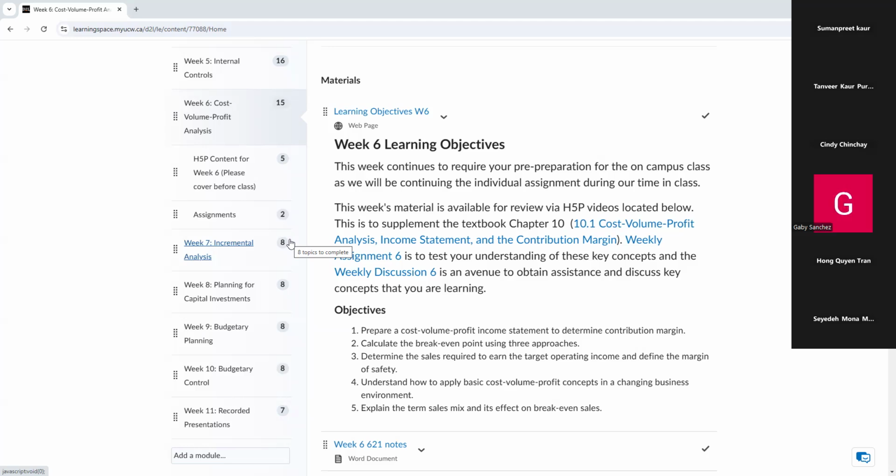Next thing that I want you to comment on is that there will be a problem with the internal control. So I want you to comment what the problem is. Out of the 5 problems, is it segregation of duty?